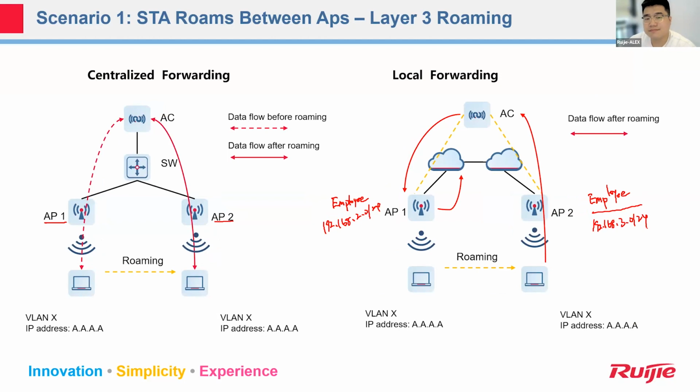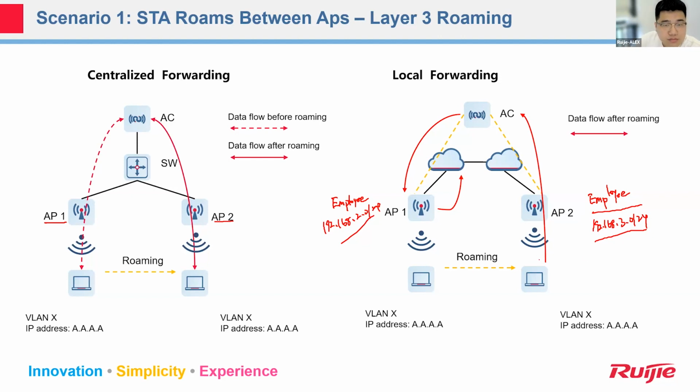So at this time, they are in different subnets. Different subnets represent different broadcast domains, right? And different broadcast domains mean they should establish a layer 3 connection between each other. So this is called layer 3 roaming.